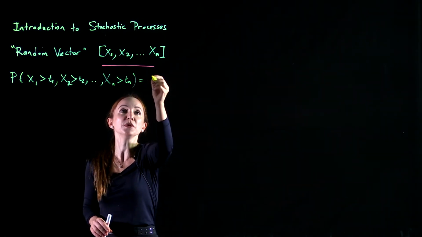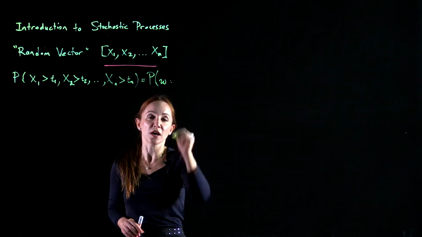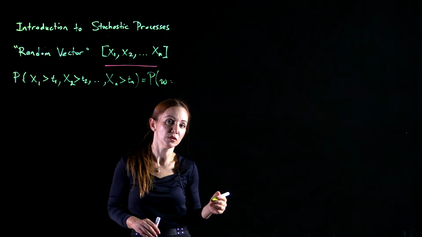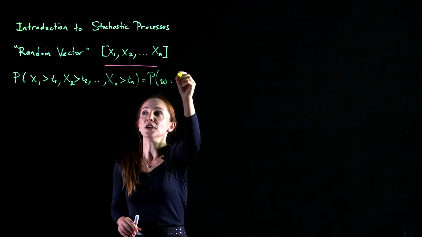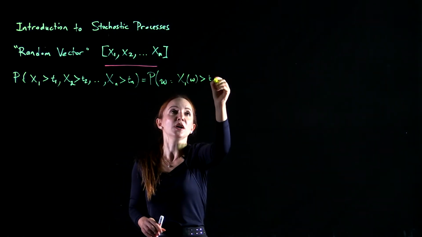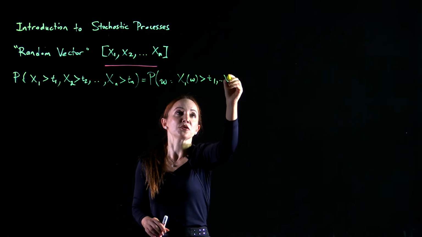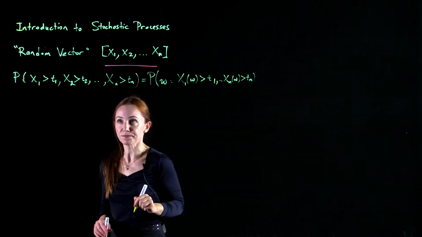This would simply mean the probability of the outcomes ω in the sample space for which x1(ω) is bigger than t1, etc., xn(ω) bigger than tn.